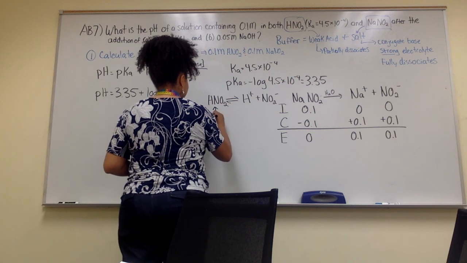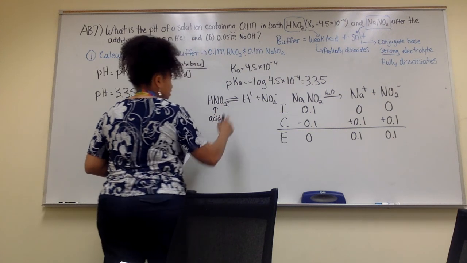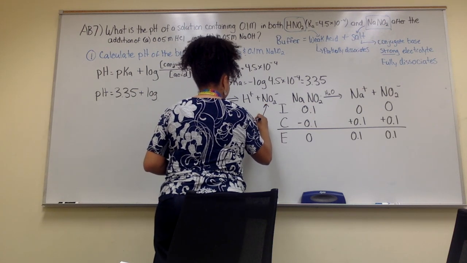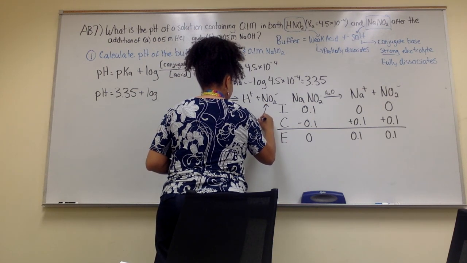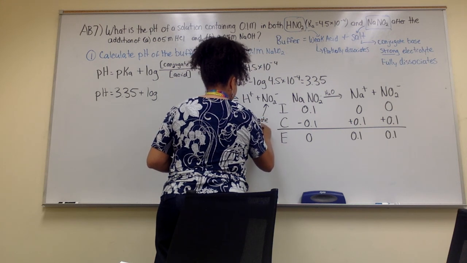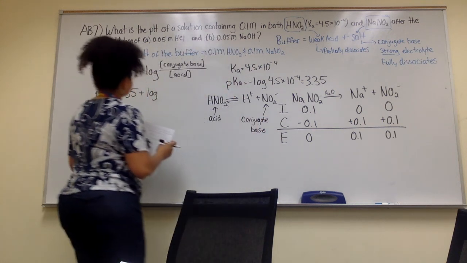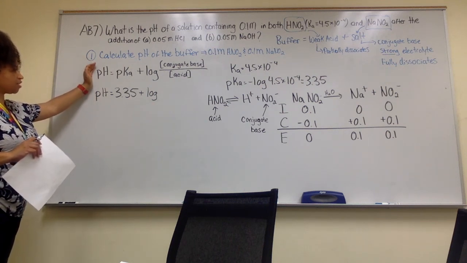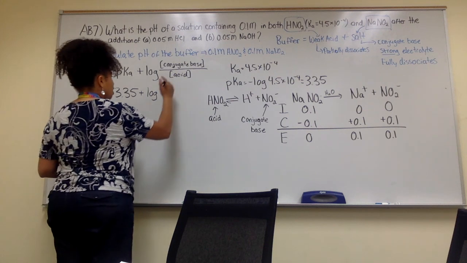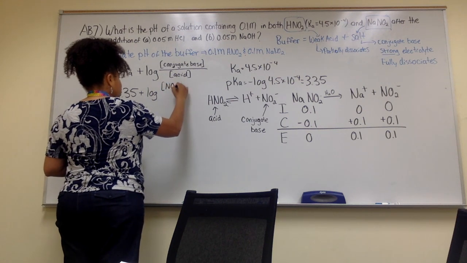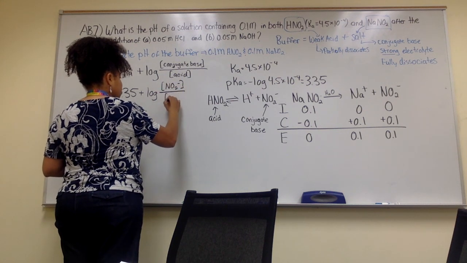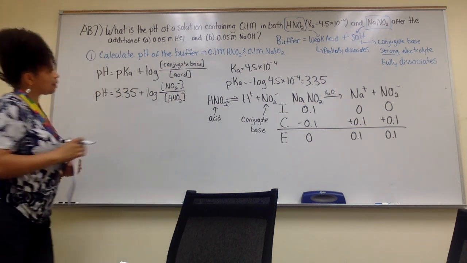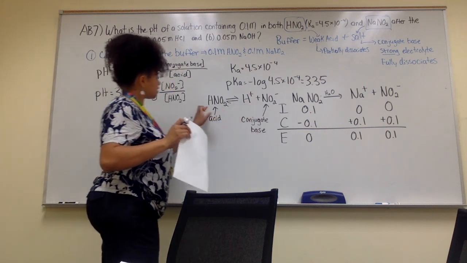This is acid, this is H plus, and this is conjugate base. So when we are solving for the pH with the Henderson-Hasselbalch equation, we're going to be putting in the log of NO2 minus over the concentration of HNO2 initially, okay? So we're going to apply these here.